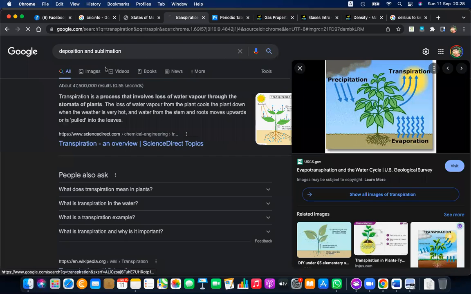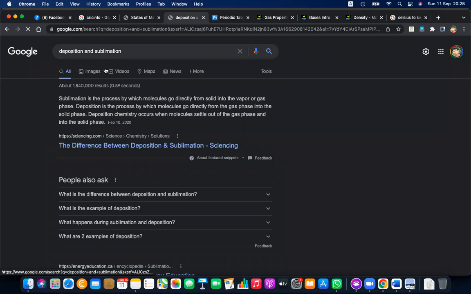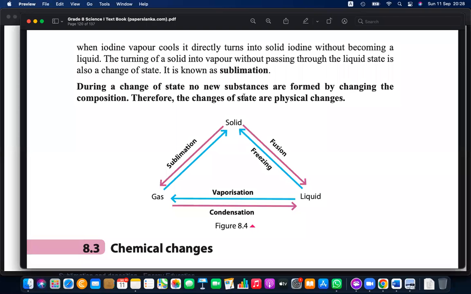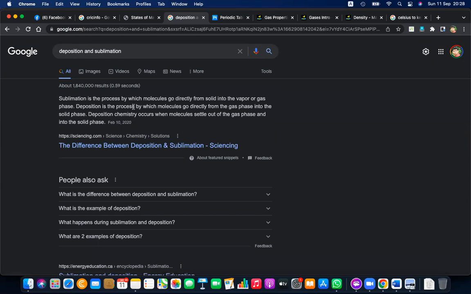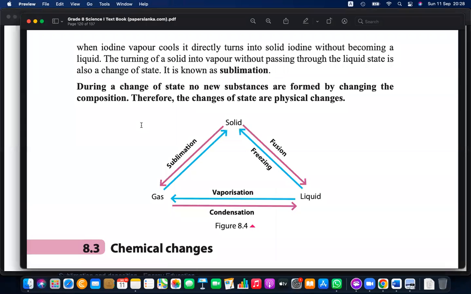Deposition and sublimation, right? Solid to gas conversion is sublimation, and deposition is basically gas to solid conversion. Yes, gas phase to solid phase, that is deposition. Please write down here deposition.